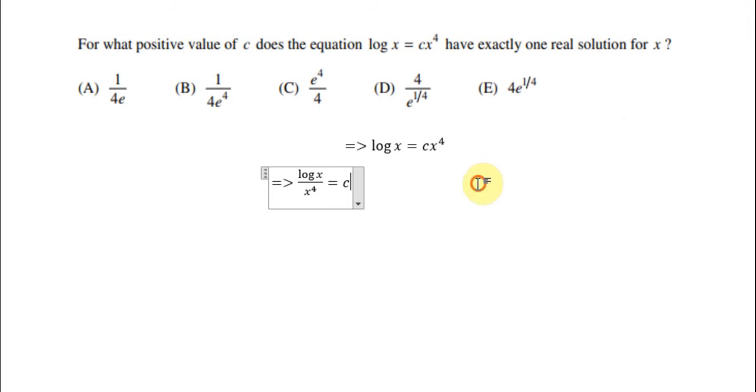Now we need to consider this equation on the left, because if we want to find exactly one solution, we need to analyze this function in here.